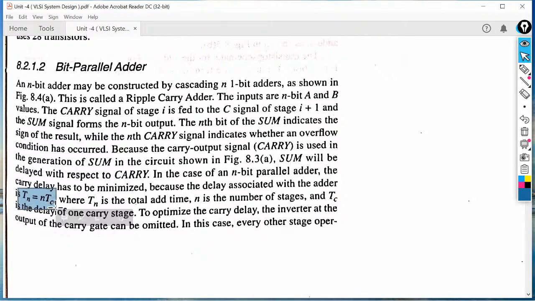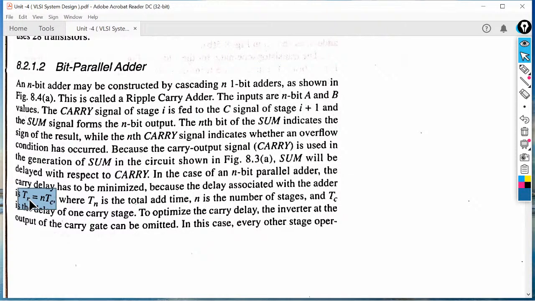But the main drawback that occurs in parallel adder is that if the number of bits that you have to add is very small, then there is very little effect on the output side. But if the number of bits is very high, suppose n is the number of bits, and you want to add them by using this parallel adder, at that time the delay value is very significant.